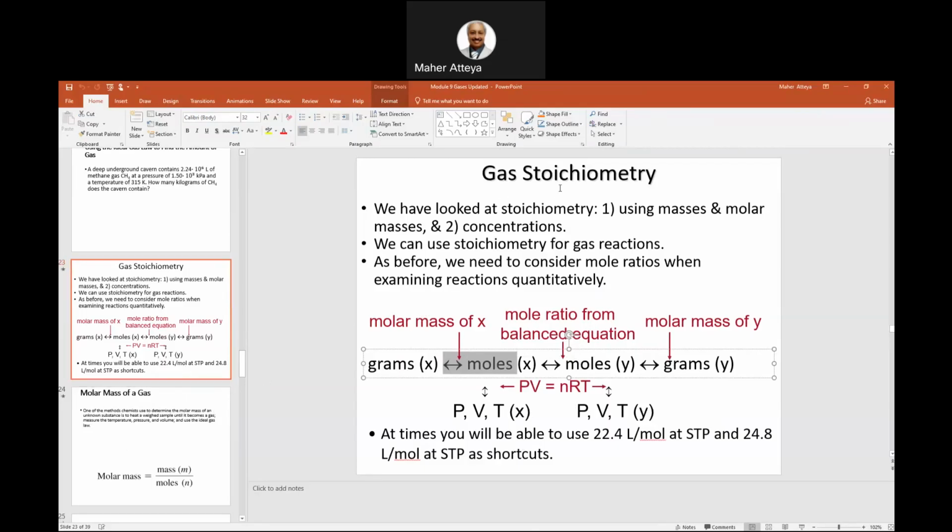The gas stoichiometry is nothing new. You do the same thing with the mole ratio that we did before. Just here you have to watch, because we are dealing with gases. You have to use PV = nRT, and then you use the STP conditions. At STP, the pressure is 1 atm, the temperature is 0 degrees or 273 Kelvin, correct?